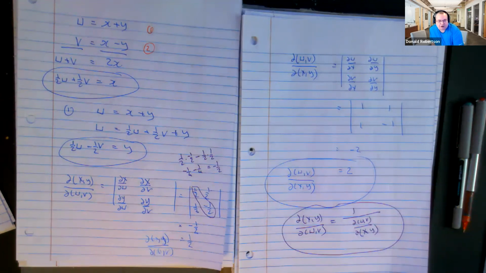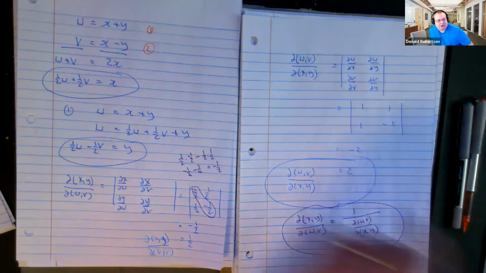Now, if the things are not linear, like u is x cubed plus y and v is x squared minus 2y, things jumbled up, this technique won't help you any because your answer won't contain u's and v's. Your answer will contain x's and y's, which means you still have to do the algebra to figure out what to turn them into. So you don't get any benefit.